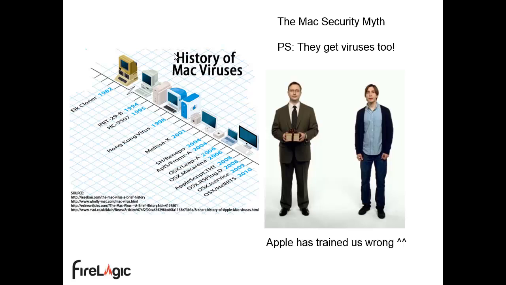It's a big group of people that have been taught that they don't need to do anything to stay secure, and the criminals are picking up on this. There are about 3,000 to 4,000 new Mac viruses that come out every single month right now, which is still a pittance compared to what Windows sees, but they're out there. I don't want anyone to think that just getting a Mac means you are not going to get viruses. It's like saying I'm going to buy a Subaru or a Honda and not wear my seatbelt because they're rated better in terms of safety.